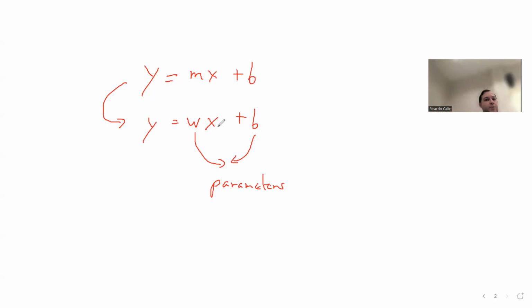Now, in this example, there's only one W, but when we have really big neural networks that are very deep, people will say 7 billion parameters. And when they say 7 billion parameters, they mean 7 billion parameters. So maybe you've heard of this, like they talk about GPTs and they say GPT 7 billion versus GPT 65 billion.